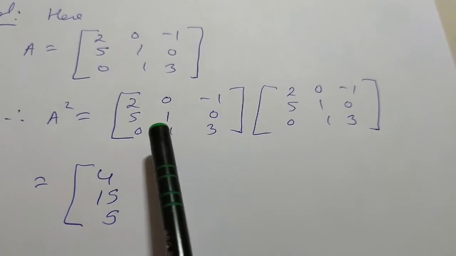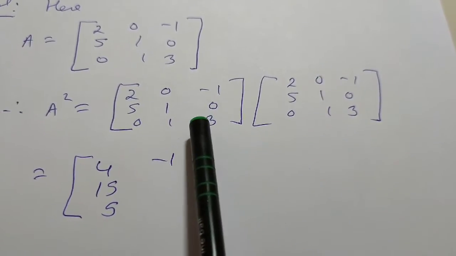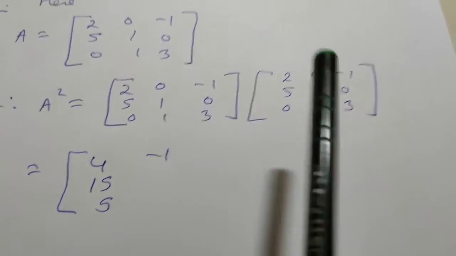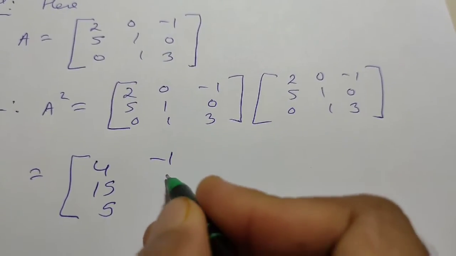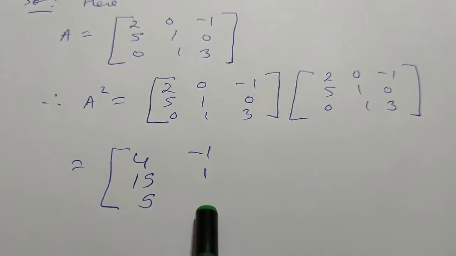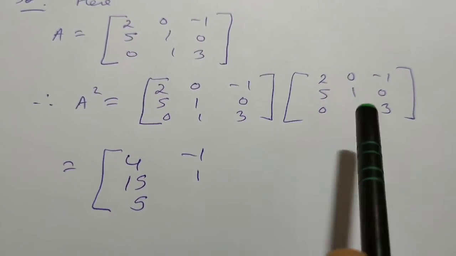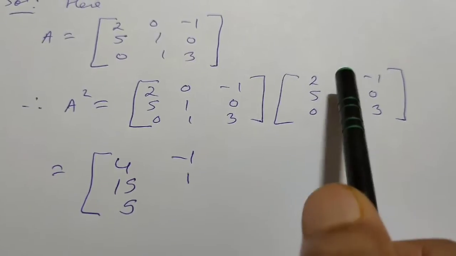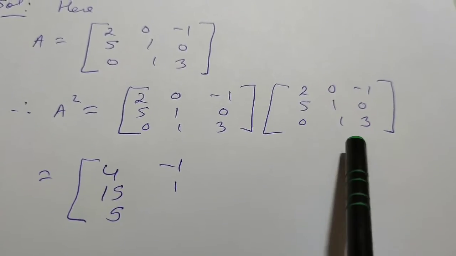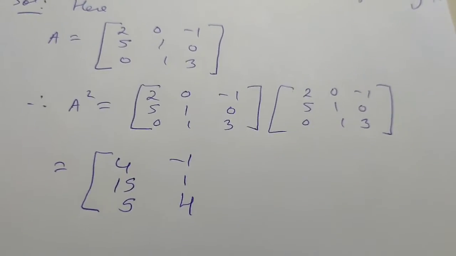For that we will multiply R2 with column 2. 5 into 0 is 0, 1 into 1 is 1, and 0 into 1 is 0. So the final value will be 1. Similarly, let us find the third entry of column 2. For that we will multiply R3 with column 2. 0 into 0 is 0, 1 into 1 is 1, and 3 into 1 is 3. So 1 plus 3, total will be 4.